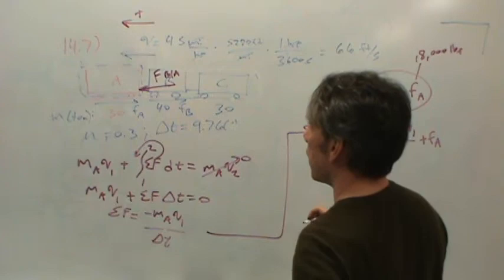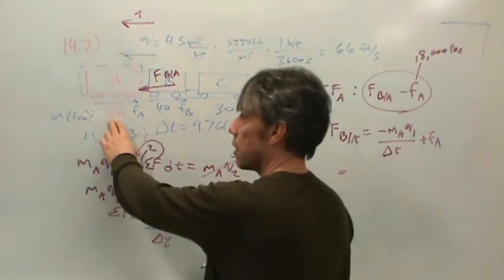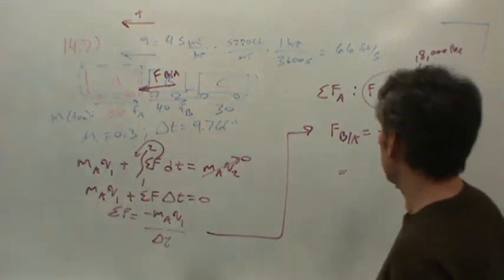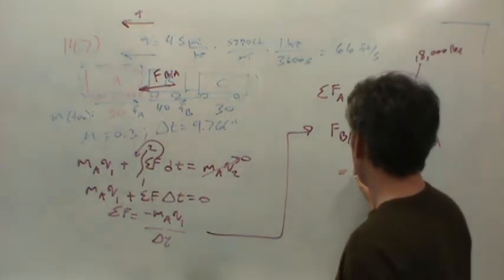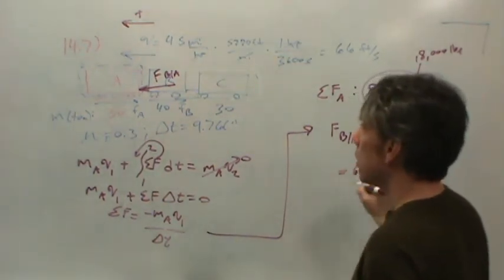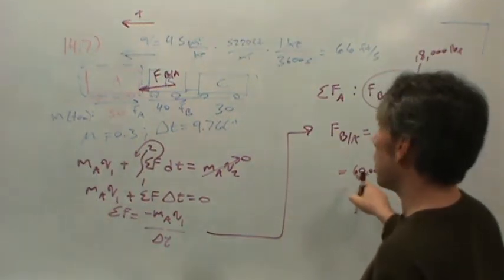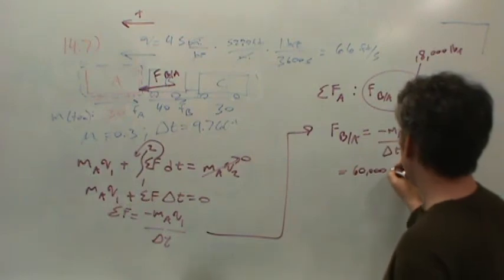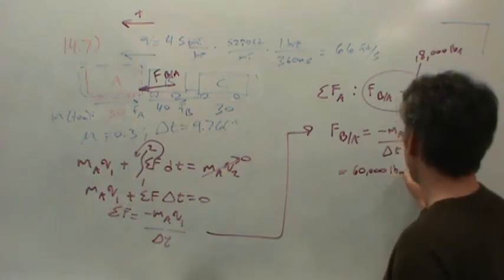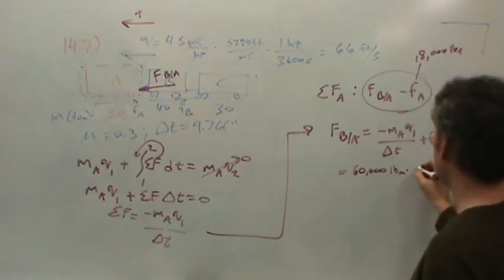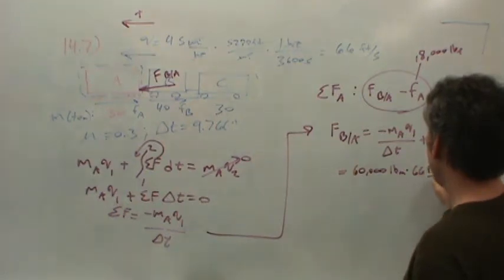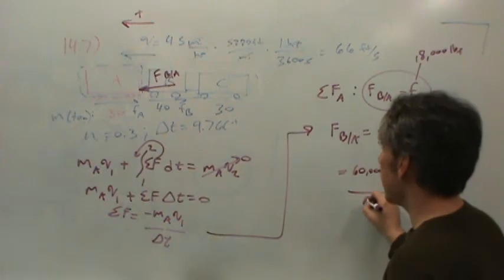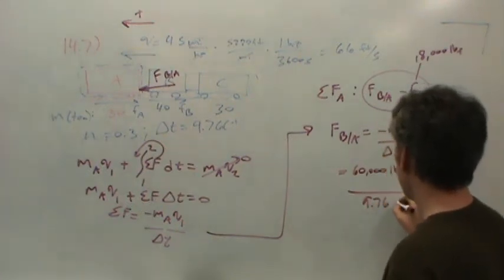The mass of A is 30 tons times 2,000 would be 60. Let's see, did I do that right? 30. Yeah, that's right. 60,000 pounds mass multiplied by the initial velocity, 66 feet per second, divided by delta t, where delta t is 9.76 seconds.